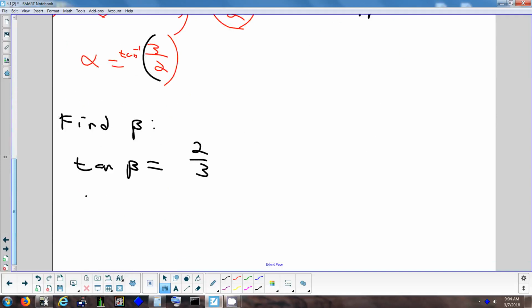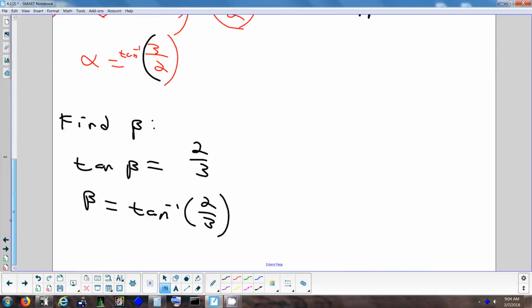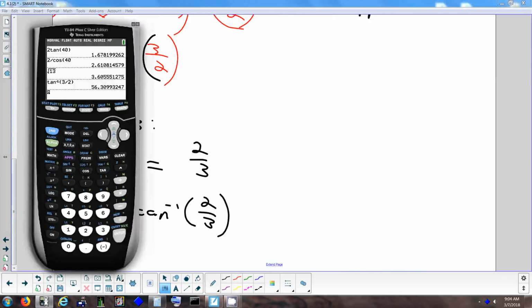Take the inverse tangent of each side. You're basically doing the same thing we did before. And we're hoping to get 33.69. Let's see if we do. Inverse tangent, 2/3, 33.69. Because I got the same answer 2 different ways, I'm almost 100% positive that it's correct.